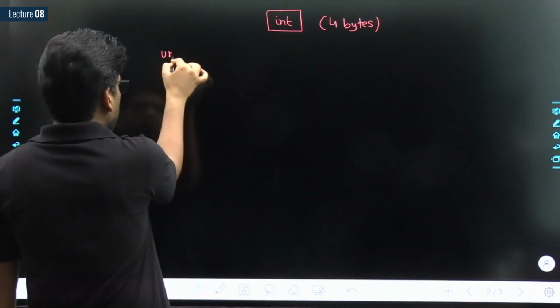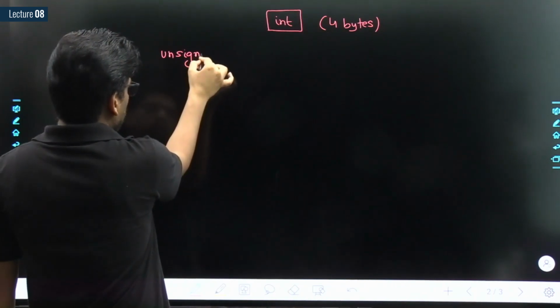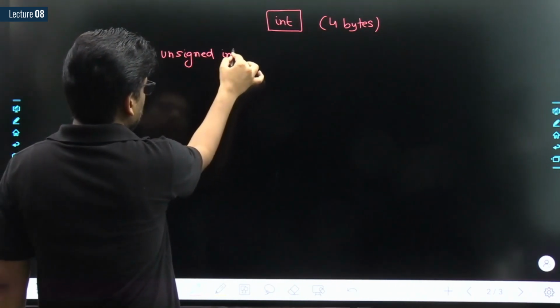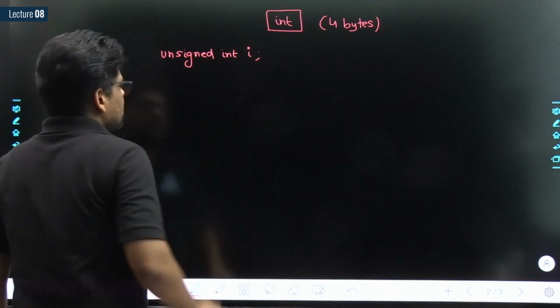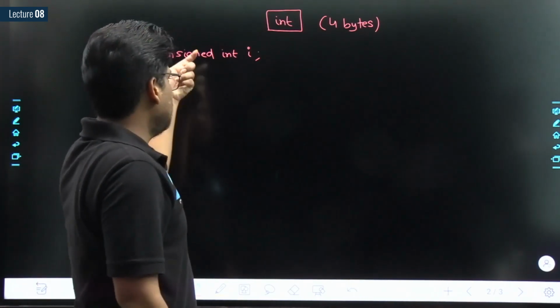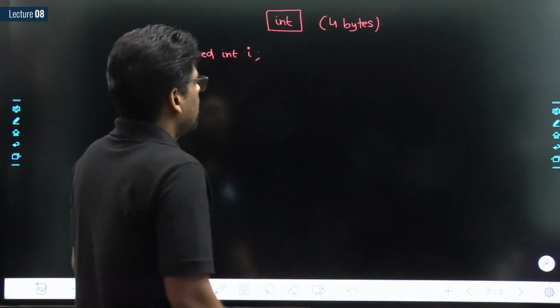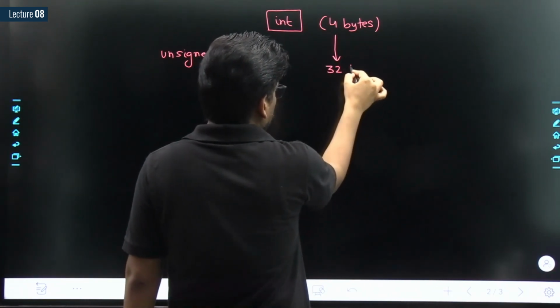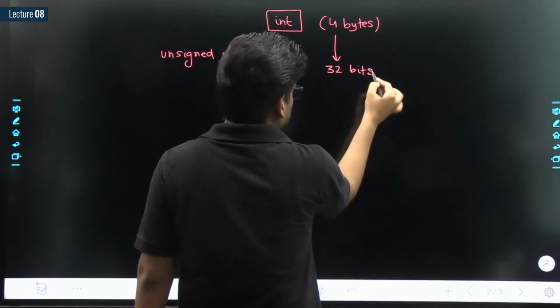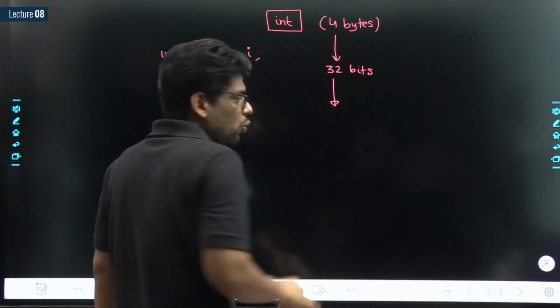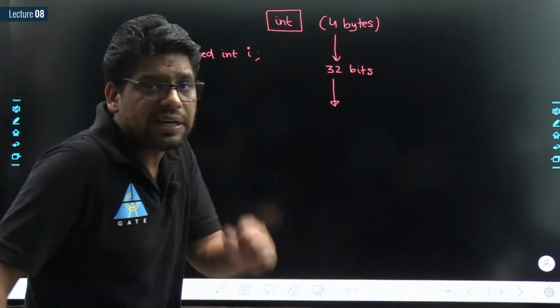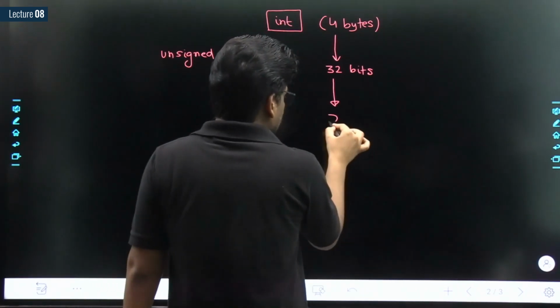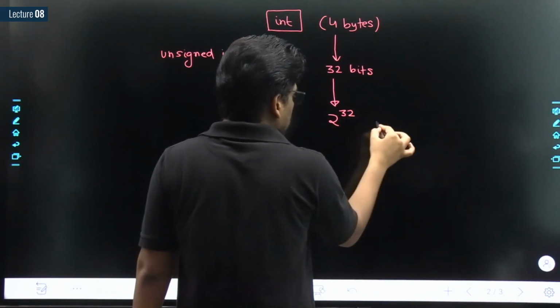First we will talk about unsigned int. Let us suppose I declared unsigned int i. That means only positive values are allowed. 4 bytes means how many bits? 32 bits. With 32 bits, how many total possible values can I represent? Sir, we can represent 2 to the power 32 values.